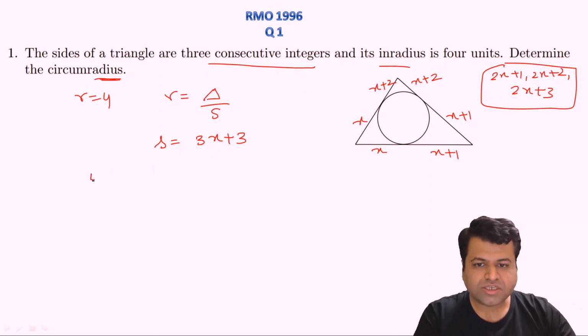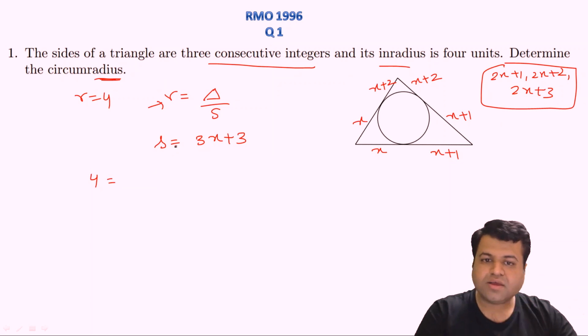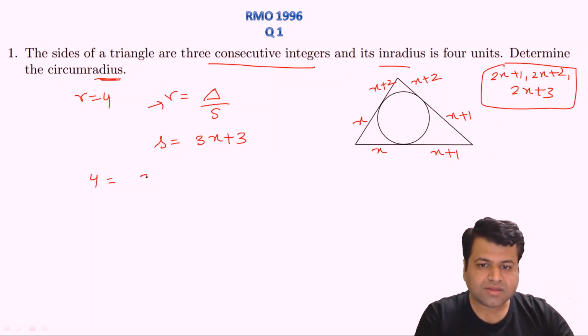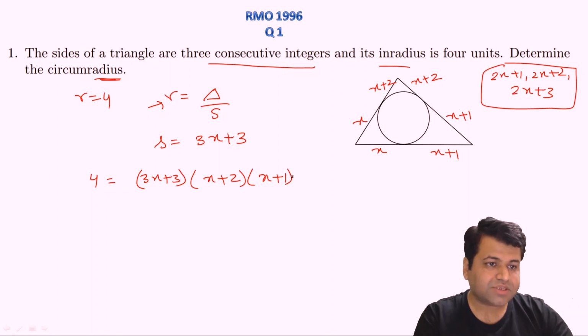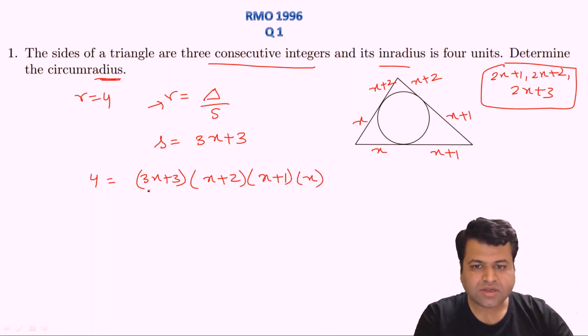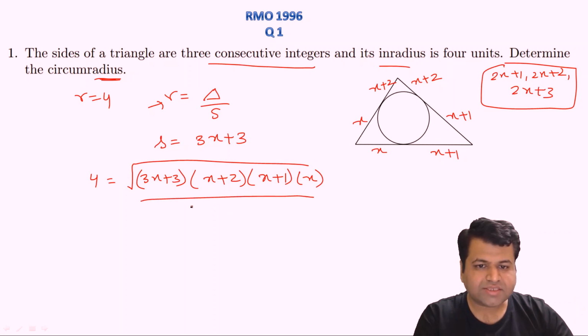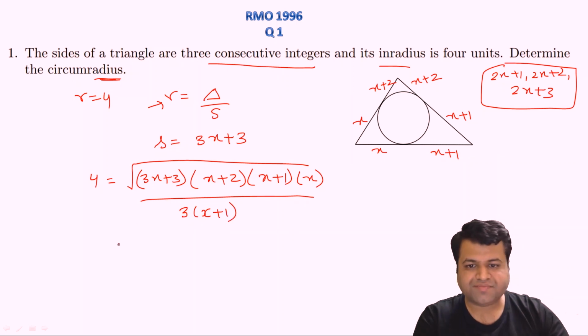So let's apply this formula. 4 will be equal to delta, which is, by Heron's formula, the square root of s into s minus a into s minus b into s minus c. Here s minus a will be x plus 2, s minus b will be x plus 1, and s minus c will be x, all under the root, that is the area, upon s. And s is nothing but 3x plus 3, which is 3 times x plus 1, right?